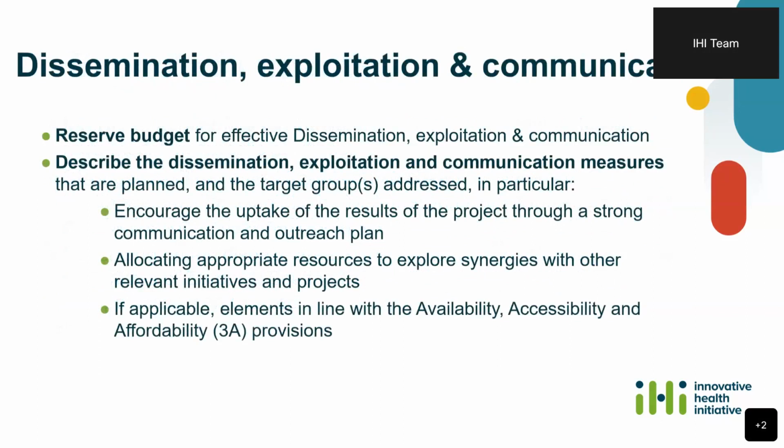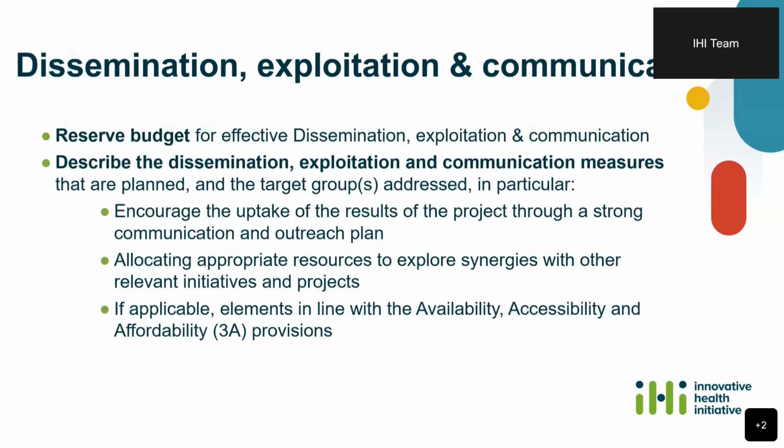One important aspect that should not be neglected is the dissemination, exploitation, and communication. So please make sure that you reserve a budget for effective dissemination, exploitation, and communication, and describe the measures that are planned, and the target groups that are addressed, and in particular encourage the uptake of the results of the project through a strong communication and outreach plan, but also allocate appropriate resources to explore synergies with other initiatives or projects.